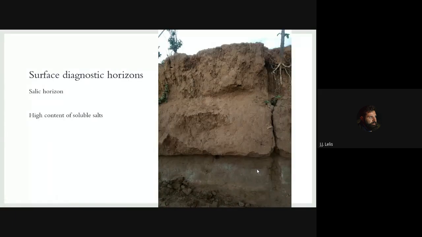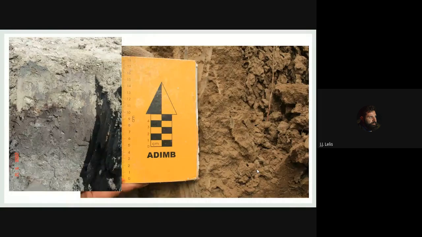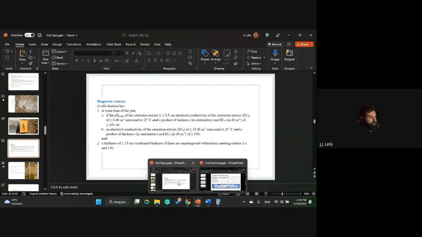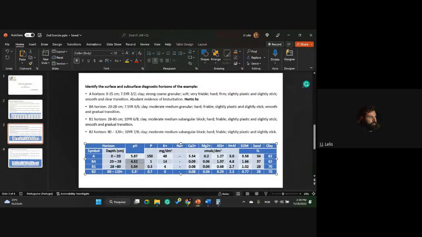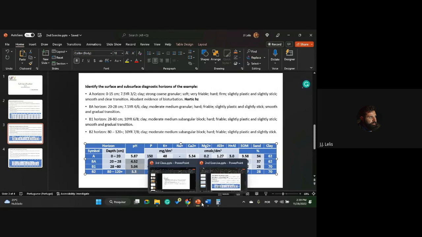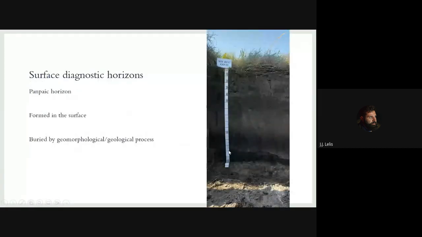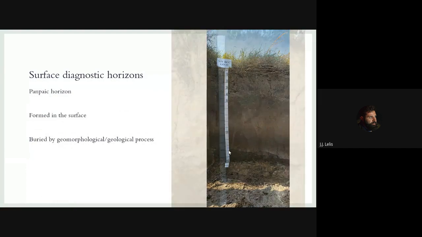Salic horizon possesses a high content of soluble salts. In this case, we should present a high pH and or a high electric conductivity. We don't have a high pH. Let's see. No, it's actually very acid, extremely acid. So it's not a salic horizon. A pretic horizon is buried, so it's not the case.